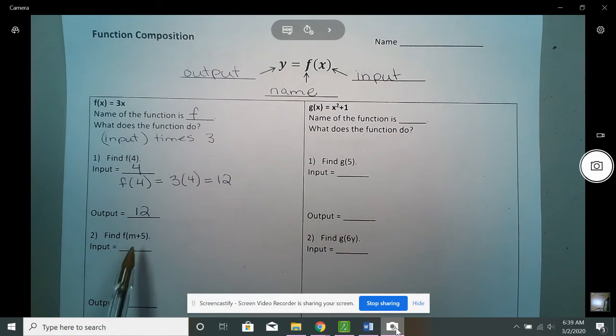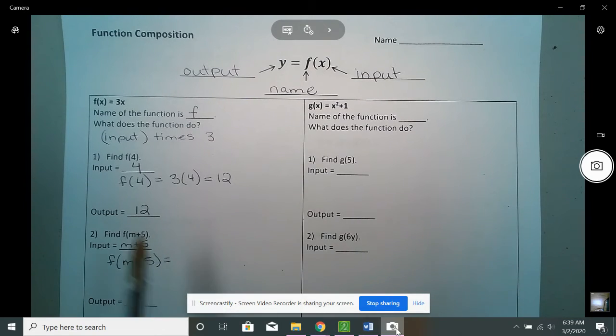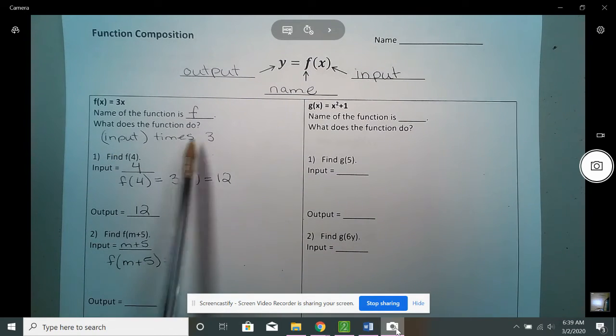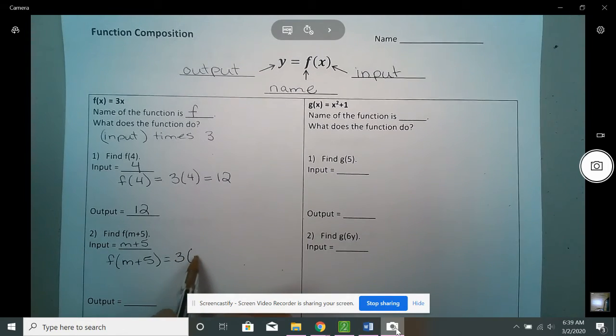Let's do it again, where we're putting an expression in as the input. This says use the function f and input the term m plus 5. Use the function f, trade out the x for m plus 5, and remember, whatever the input is, we're going to multiply it by 3. So this time, we're going to multiply m plus 5 times 3.